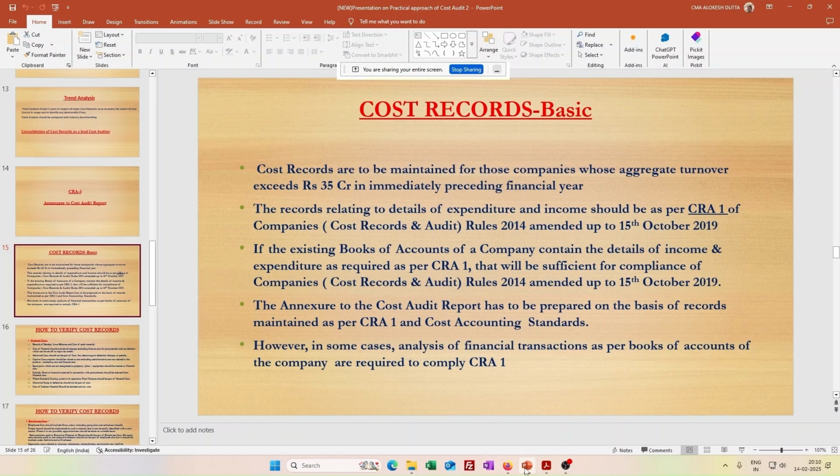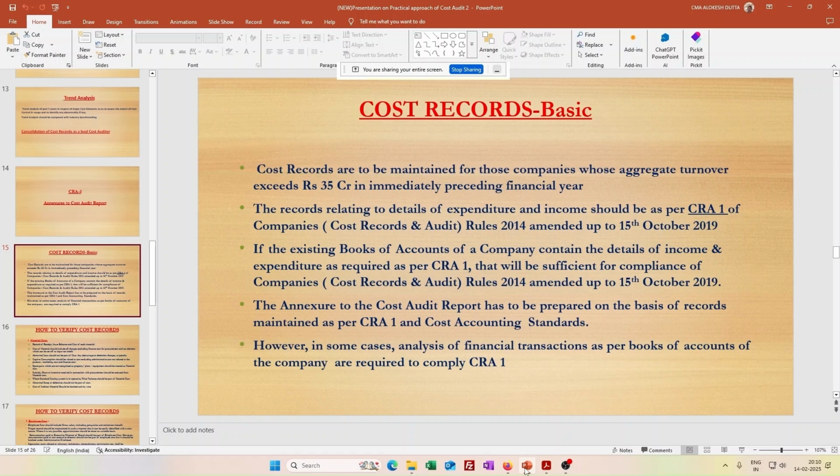You have to analyze each and every transaction to see whether a prior period entry has been booked within the financial code captured in the data. If so, you have to analyze and prepare a separate statement of prior period expenditure or income.